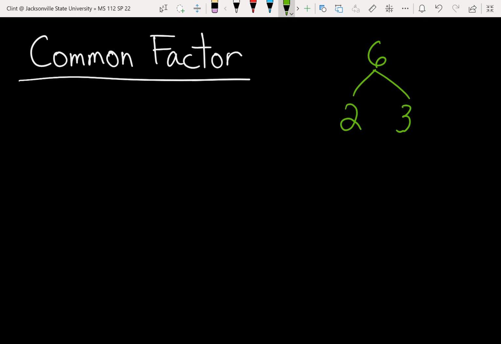What are the other two factors? 2 and 3, or 1 and 6. So you always have the possibility of factors being 1 and itself.